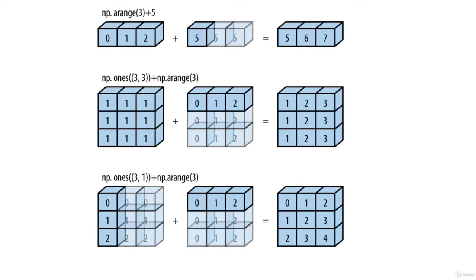Now the third figure is rather interesting. What we're seeing over here is that broadcasting is done on both arrays. Okay, so let's look at them. We have a 3x1 array of 0, 1, 2, and we're going to add them, and what happens over here is that the difference of dimensions is met by broadcasting.